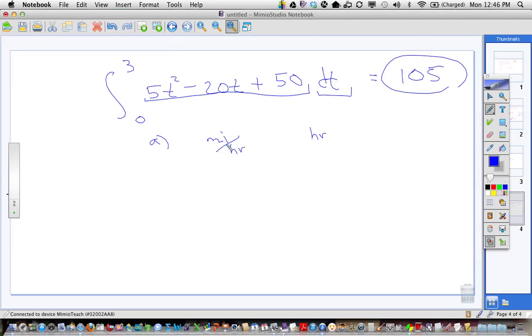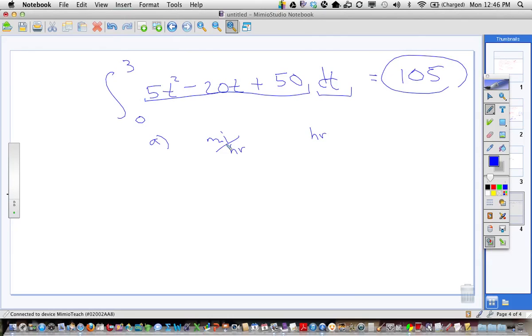Then we know that the net is the same as the total. But otherwise, if we just do the integral of a rate of change, it's the net. I suppose I should write that there: it's the net accumulated change.